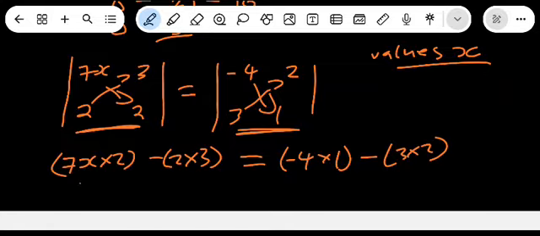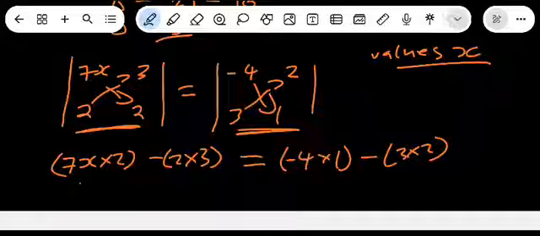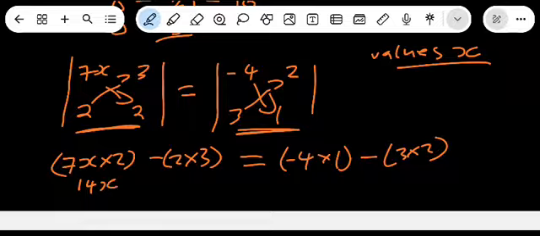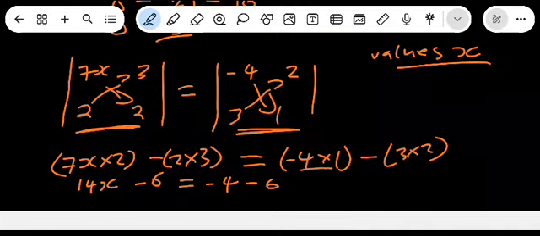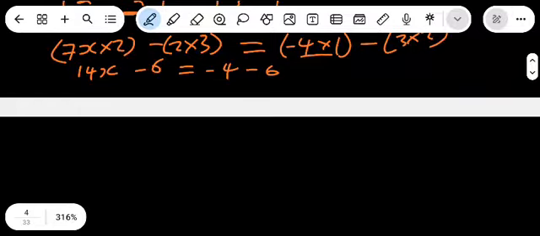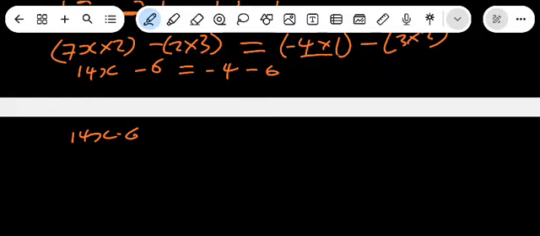So this will be 14x minus 6, which must equal negative 4 minus 6, so negative 10. We obtain 14x minus 6 equals negative 10, so you have to solve for x.